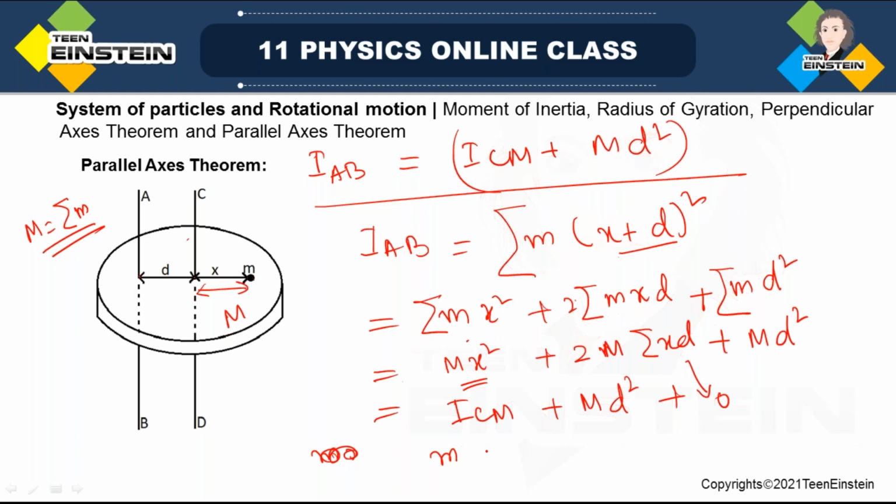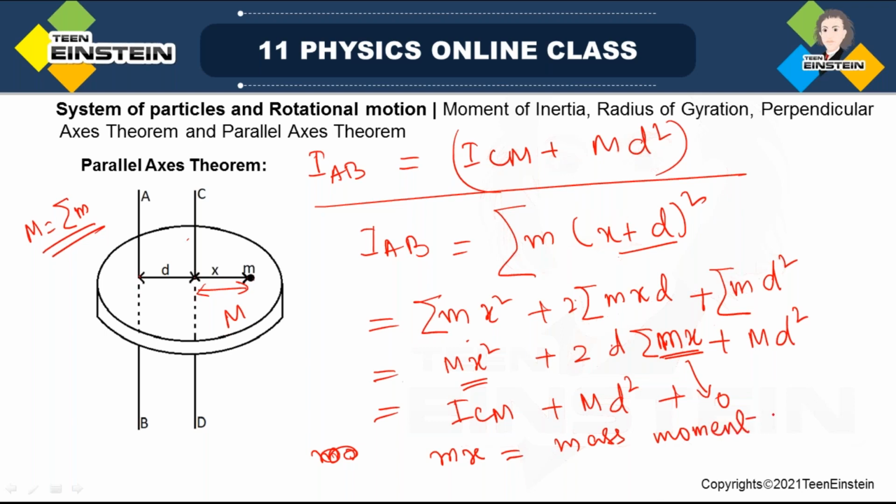Summation of m x, I'm sorry, I have written it a little bit wrong here. D may be going out. So this is called mass moment. This is called mass moment.